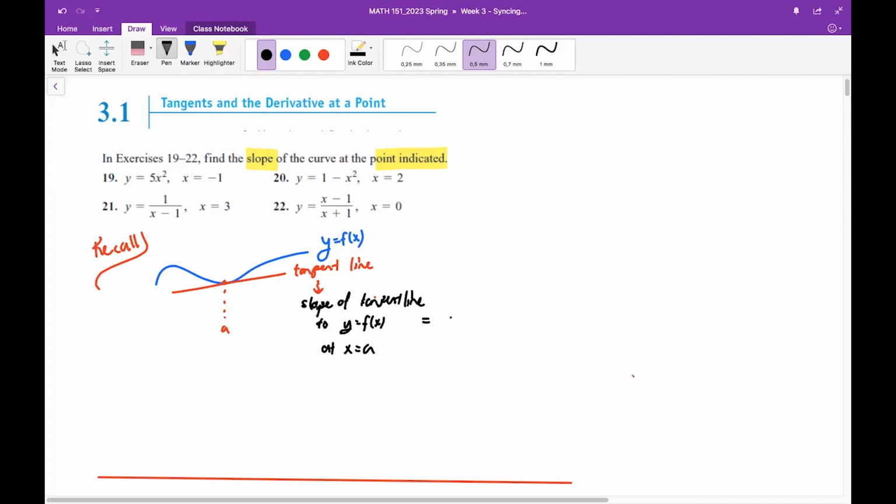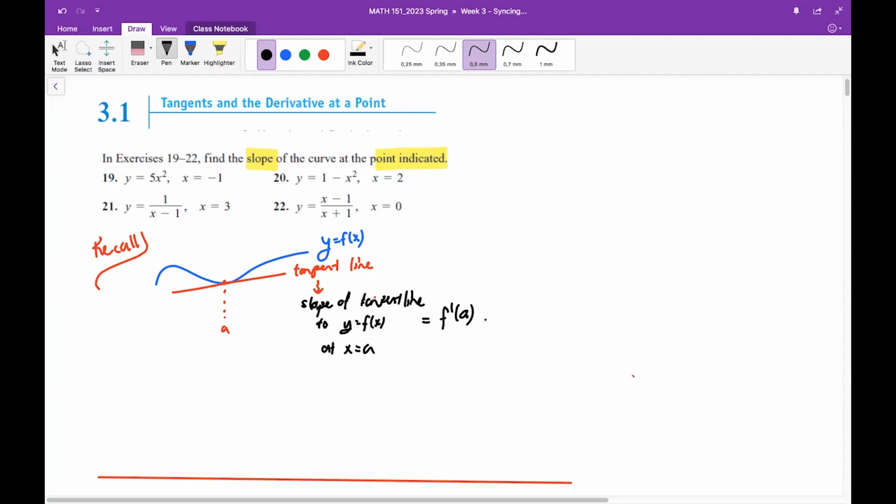So the slope of this tangent line drawn to your curve at x equals a is given by the first derivative of your function at a. Yes, f prime of a gives us the slope. This is the first derivative evaluated at a, and it has a geometric meaning.